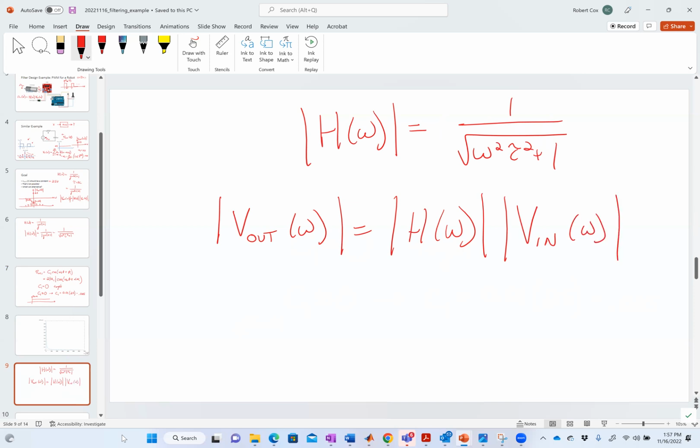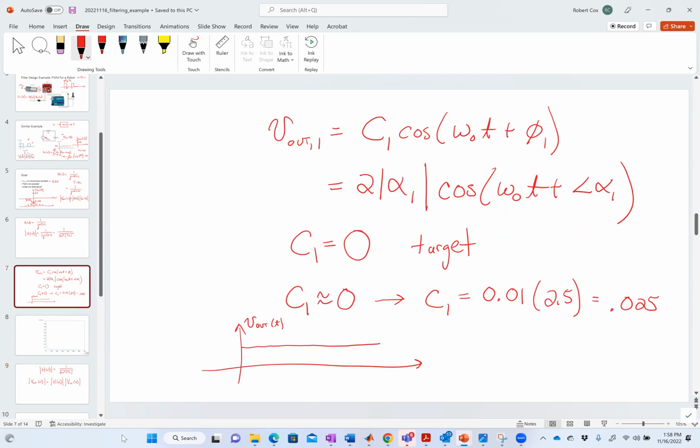And what I just said is I want the magnitude. Now, because what I'm looking at is these alpha values, I'm not looking at the C values. It's saying that my target for C1 was for it to be 0.025, or for the alpha value to be, so the alpha 2 times, what would that be?